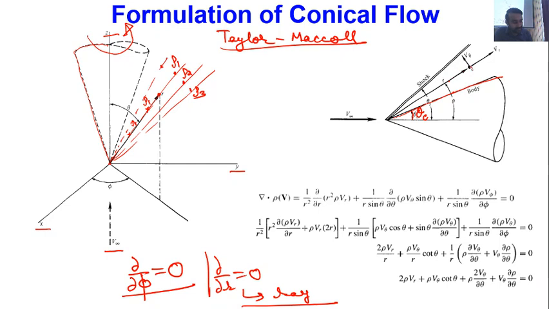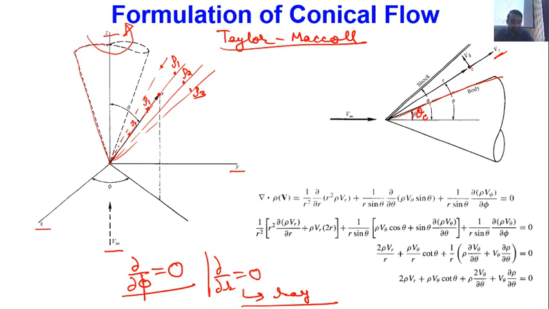So for this ray, if I take any point along that ray, then the components of the velocity will be, this is the radial direction. So along this radial direction, component of velocity will be Vr, and this is the theta direction. So along this my component of velocity will be V theta.